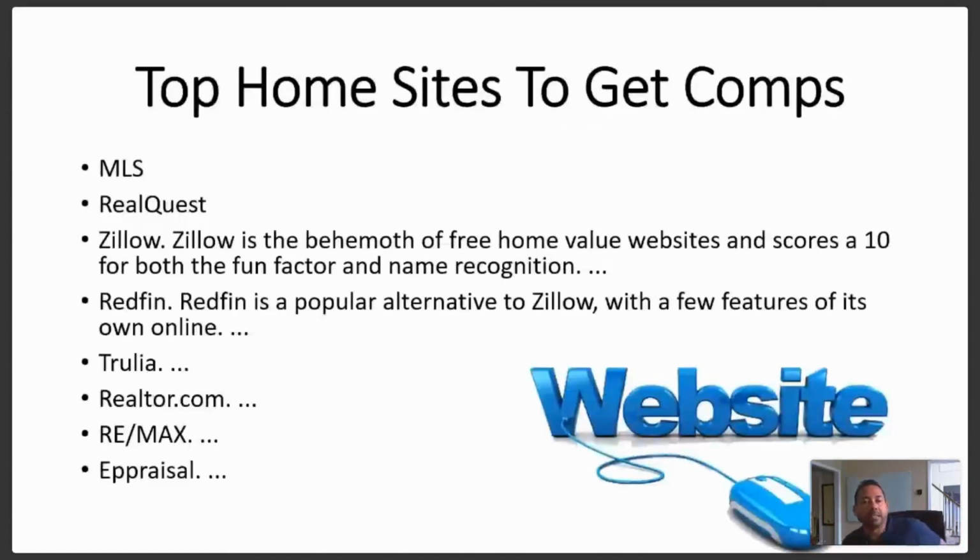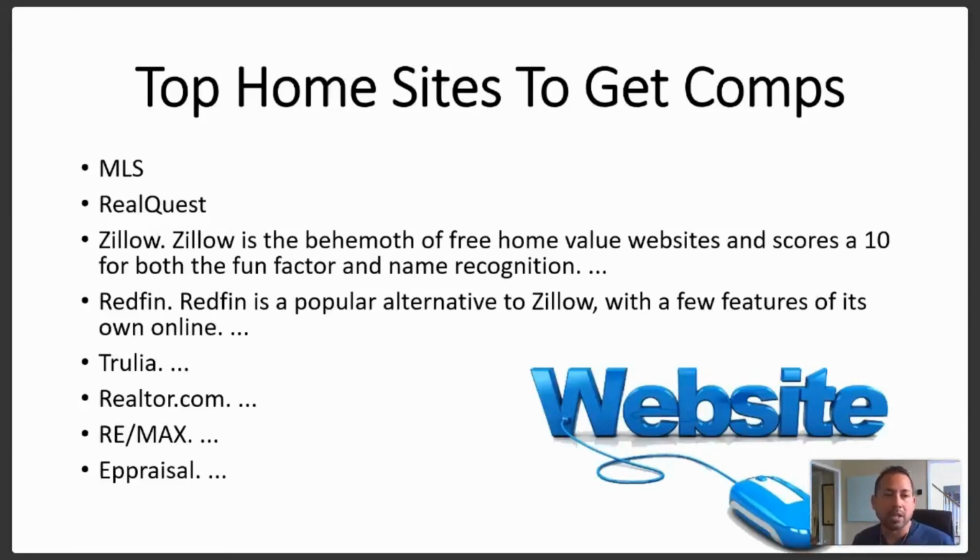So top home sites to get comps. MLS is great. The downside with MLS, and the realtors never, ever say this, is that MLS only shows properties that were sold by MLS. It doesn't show all the other deals. So if a bank sold their own property on their own, it would never be shown there. For sale by owners are not shown there. So you're probably missing out on quite a bit of data there.